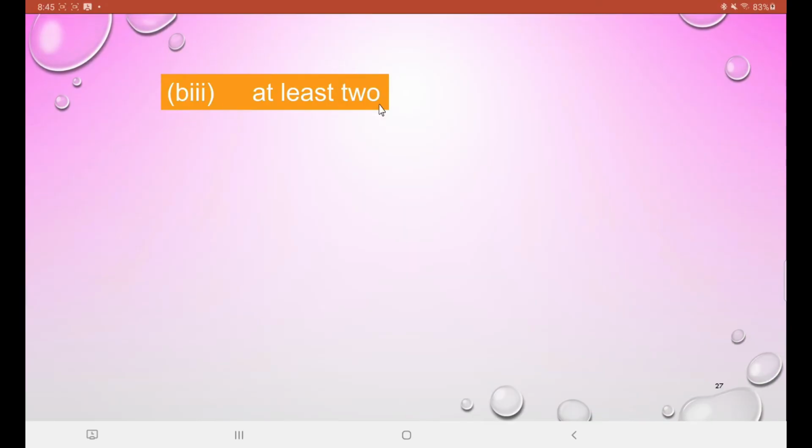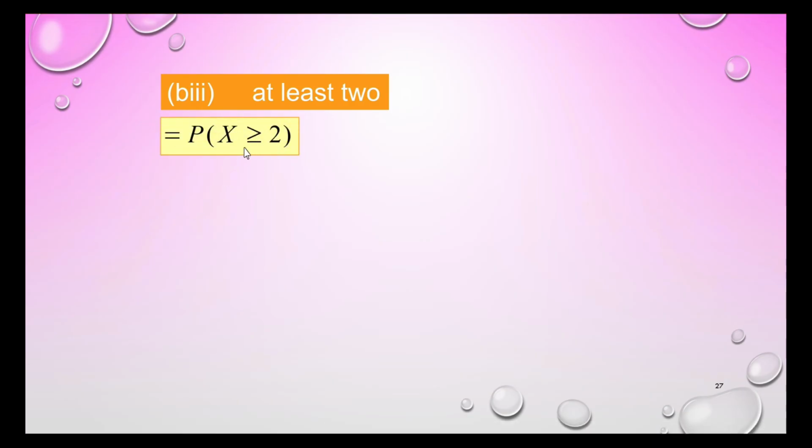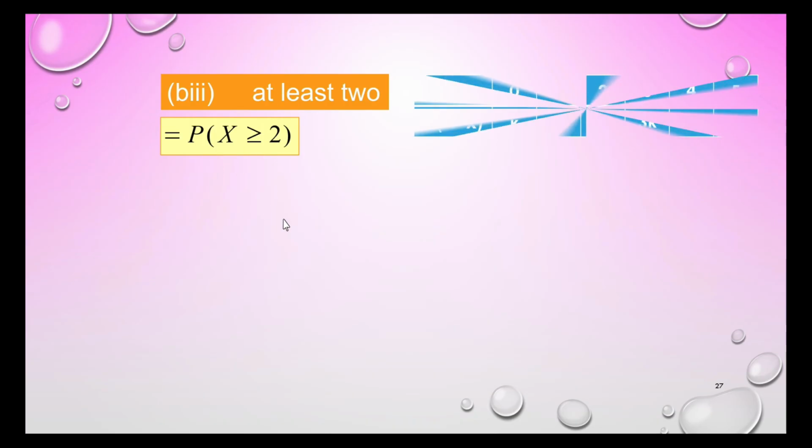B3 at least 2. What is the sign for at least? Okay, this is the sign for at least, that is more than or equal. So, x more than or equal to 2 means 2 is included. So, we start from x equal 2.